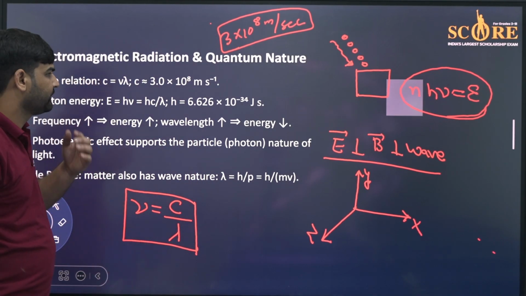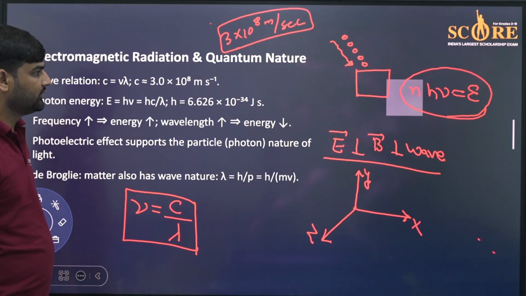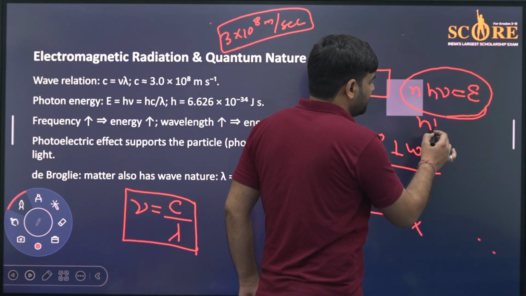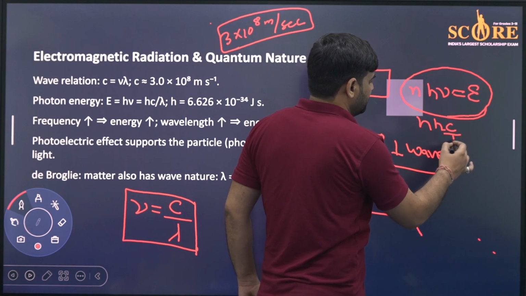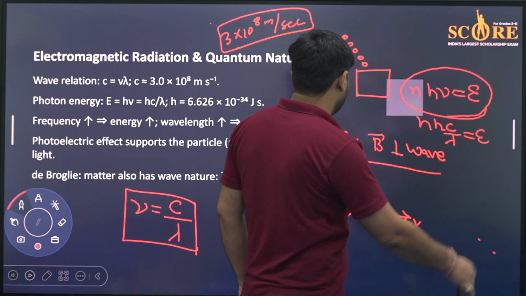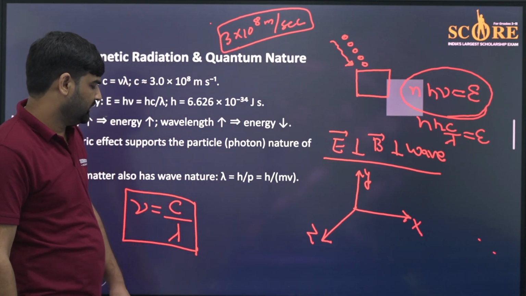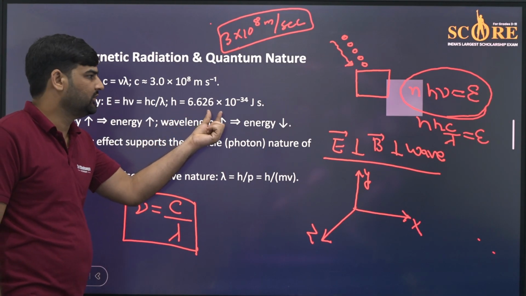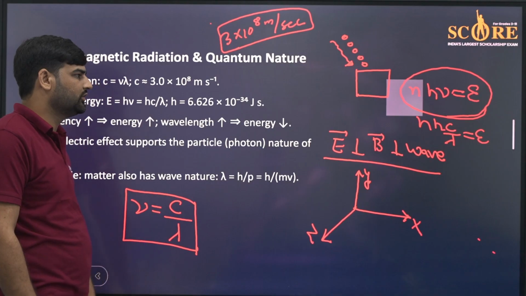If we put the value of nu, then you will find n h c by lambda. This will be energy. Here h is Planck constant, and its value is 6.62 multiplied 10 raised to power minus 34 joule second.